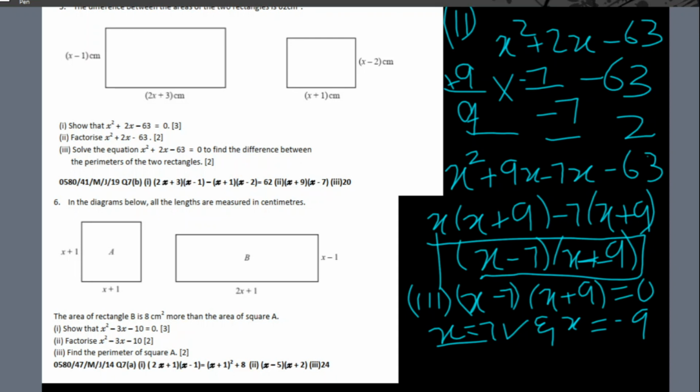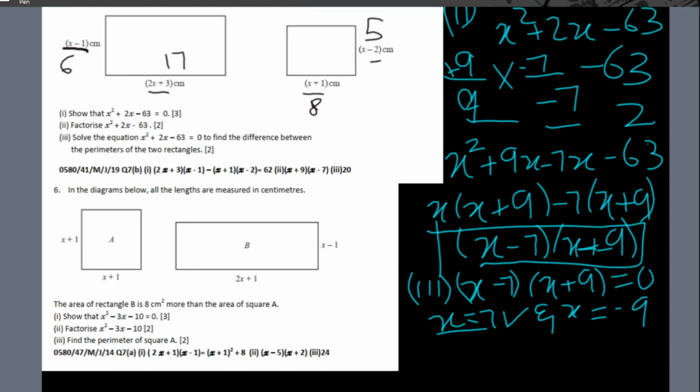So if this is 7, then x minus 1 will become 6. 2 times 7 plus 3 will become 17. And then x plus 1 will become 7 plus 1, 8, and x minus 2 will become 7 minus 2, 5. So now we have to find the difference between the perimeters.